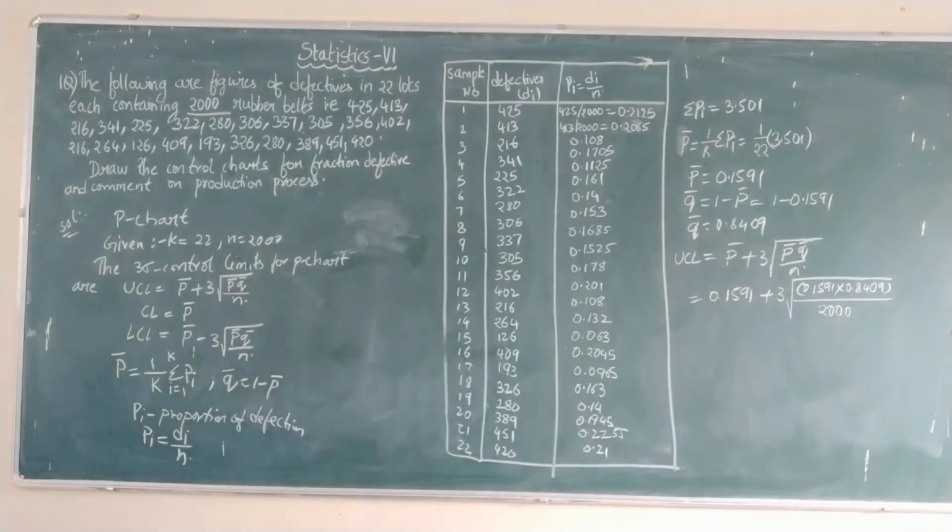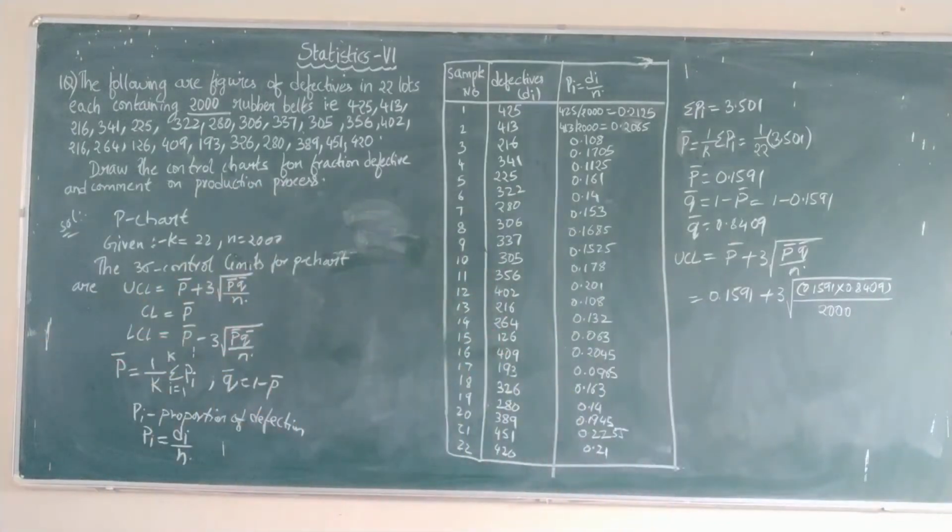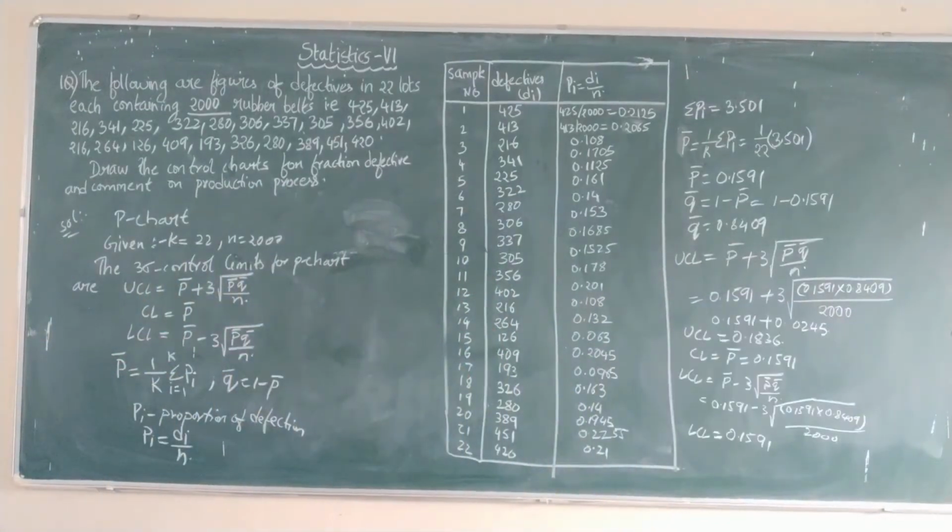By solving this, you will get the UCL value, and similarly if you put minus, you will get the LCL value. Solve it, and you will get the UCL, CL and LCL.